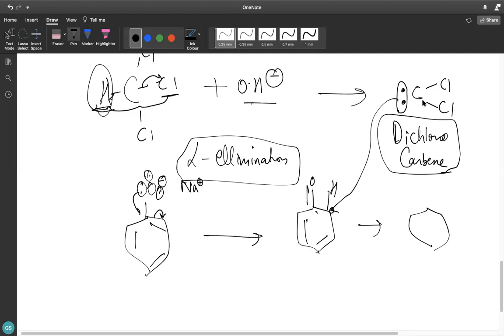Once this CCl2 attacks, this will become like this: CCl2 minus H, then this O, and keeping the other things constant. But now, because of this process, benzene has lost its aromatic character, and the benzene wants to regain this aromatic character.